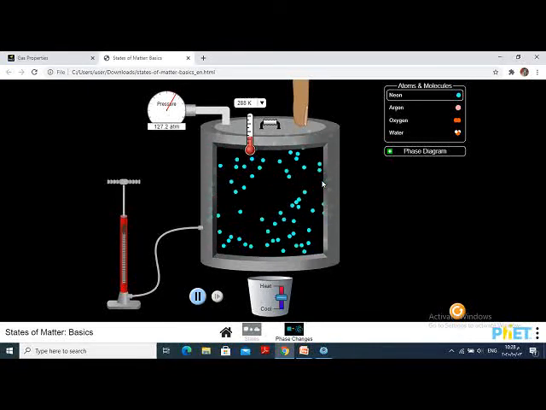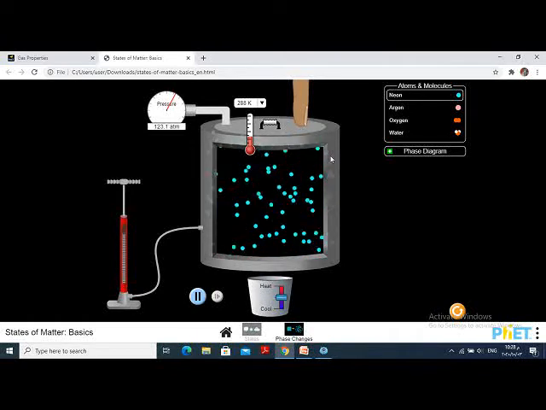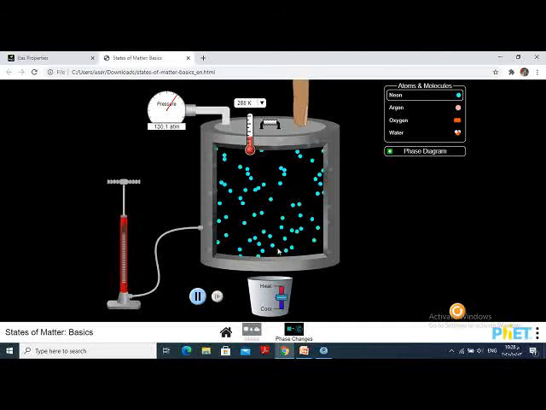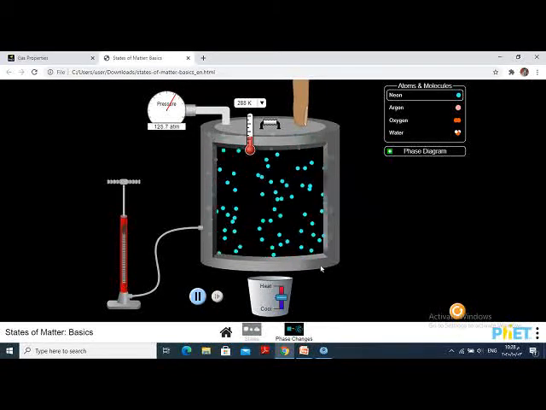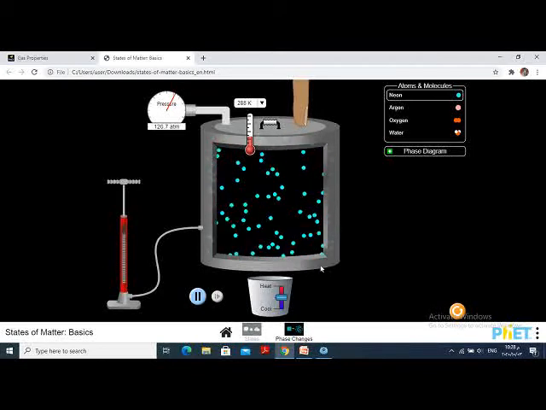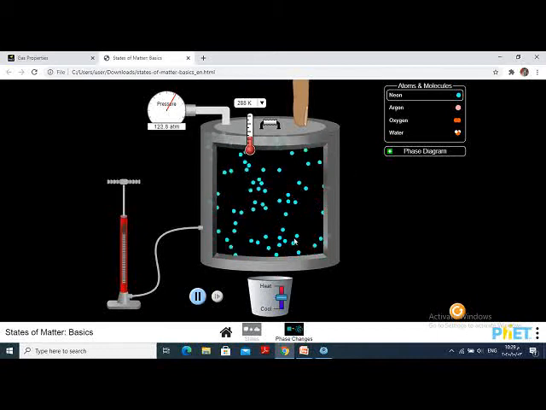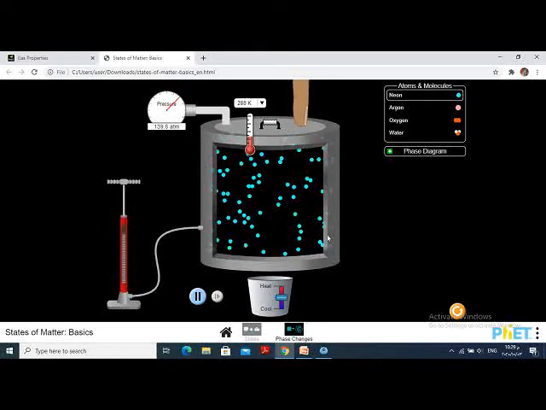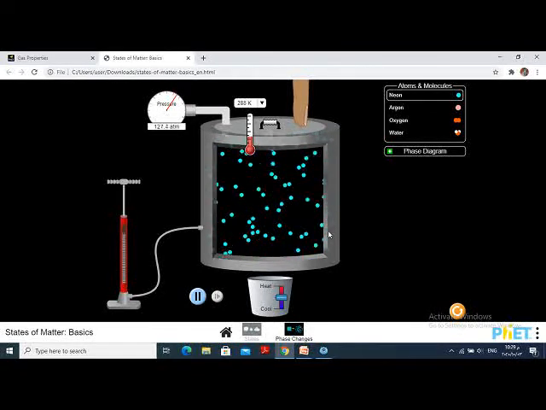So pressure is a force applied on the area of the surface of an object, and here the surface is the wall of the container. That's why we have a change in pressure, because the number of particles that collide with the wall of the container changes.